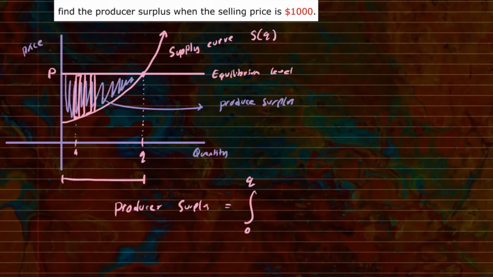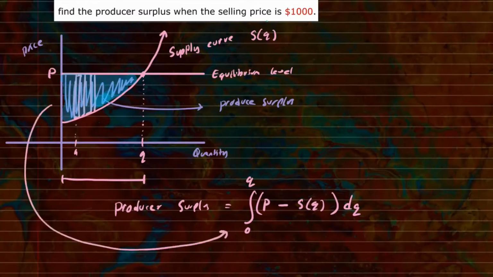The top function is some P, the price level, minus the supply curve S of Q. That's going to be our formula for producer surplus. This gives us the area between these two curves, the line and the supply curve. So this area is the definite integral that you see right here.